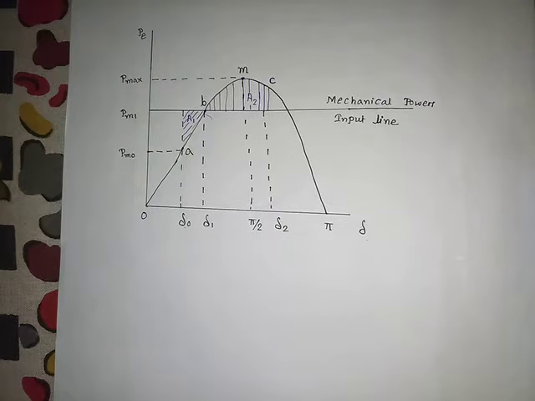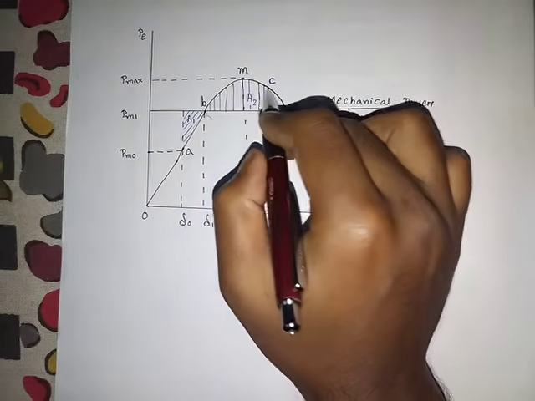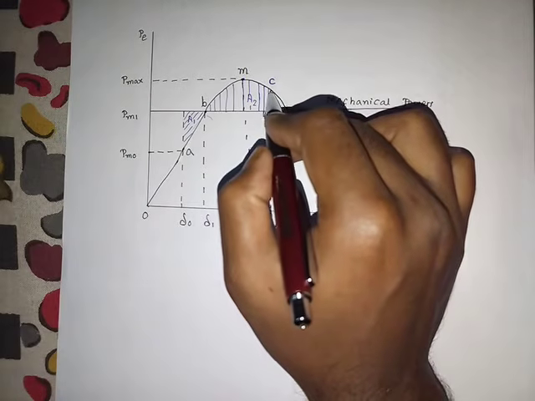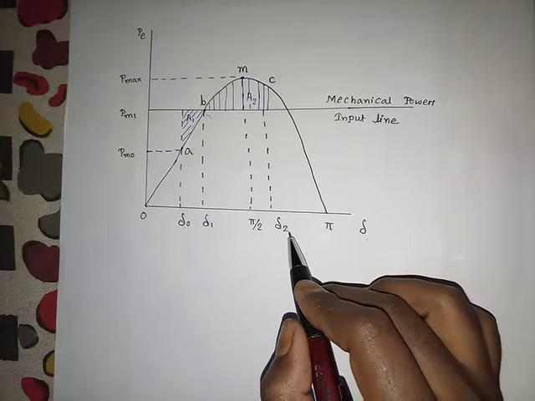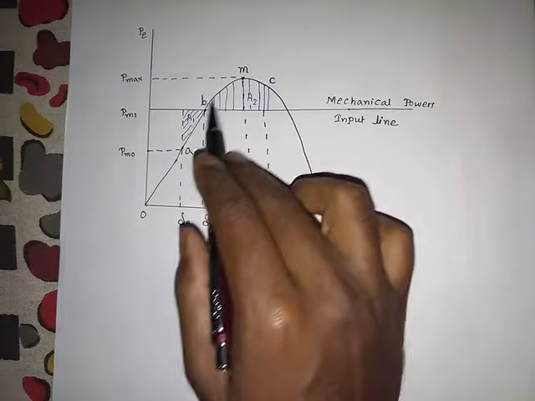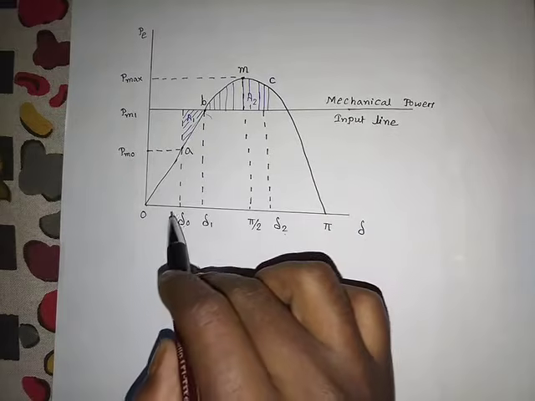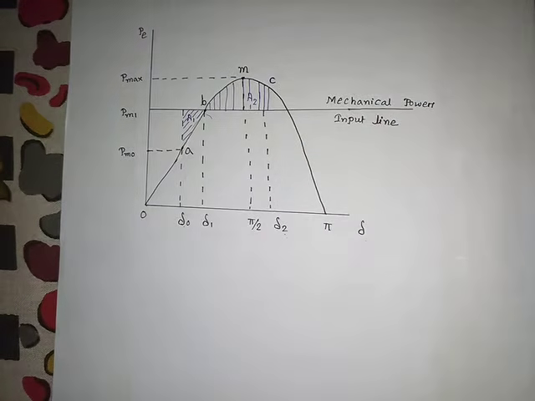So when the maximum value is reached, it will then decelerate. We consider C as our decelerating point, and it will create a point delta 2. This is the total half cycle, 0 to pi, and its middle point is pi by 2.